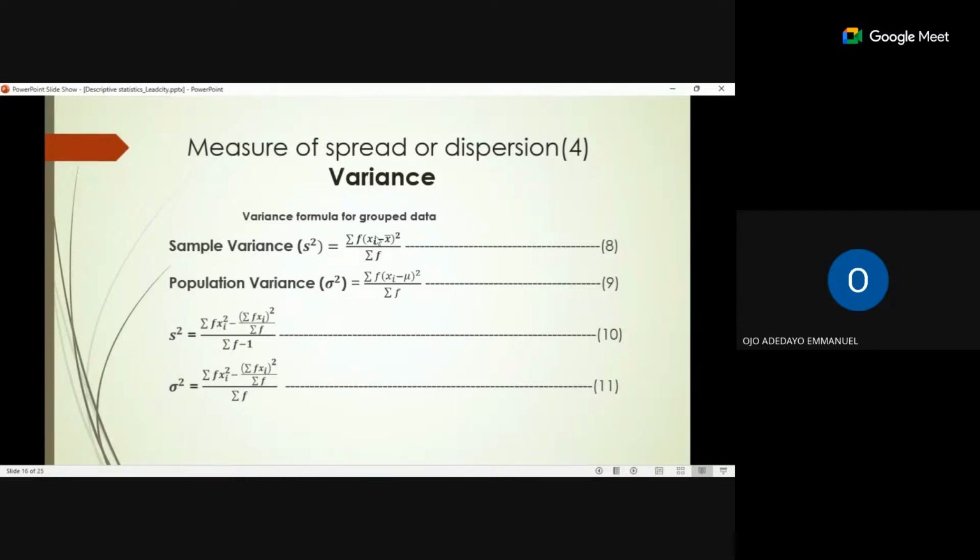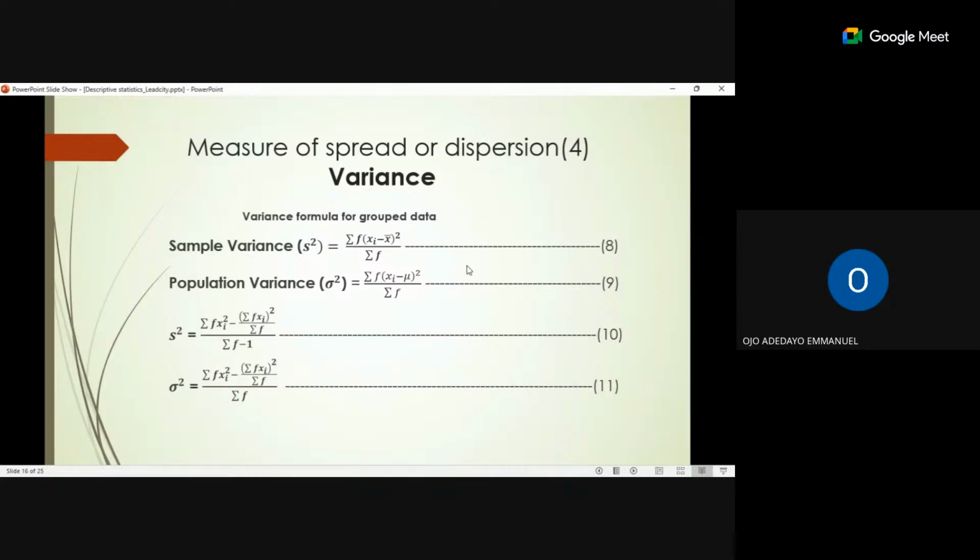Remember the formula for mean for group data is summation fx over summation f. By the time you perform that, you are going to have what we call the x bar. Then you subtract the x bar from each of the x's that you have. So by the time you do the subtraction, we are going to have the column called xi minus x bar.